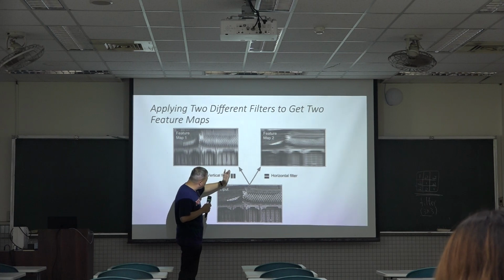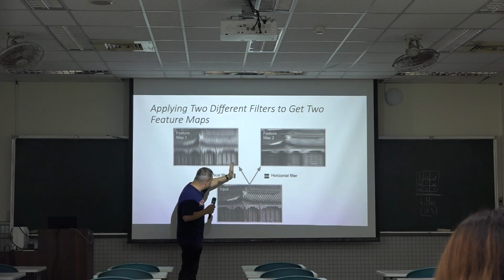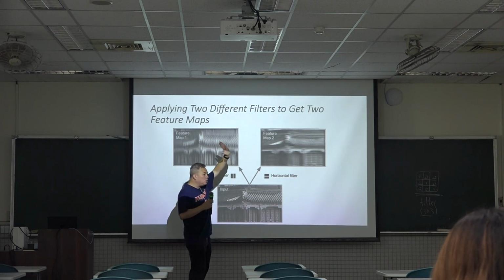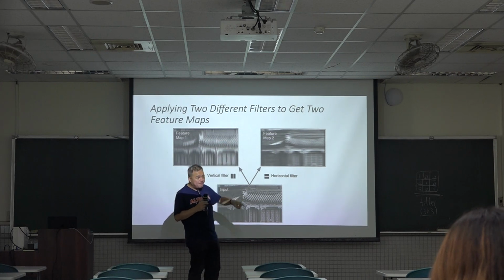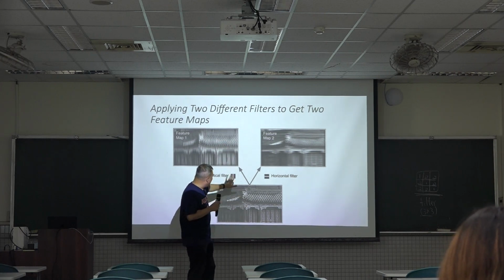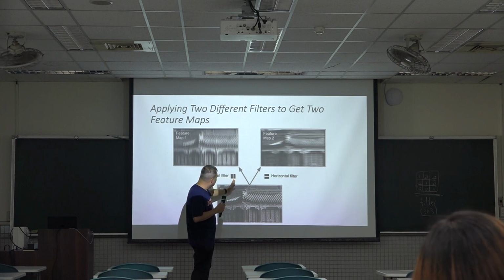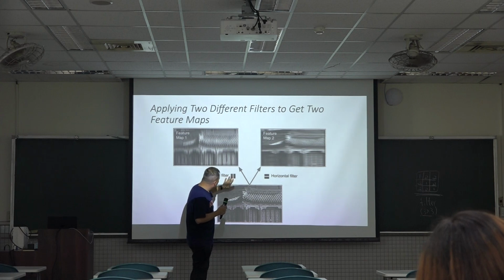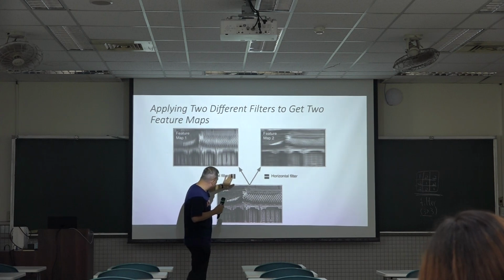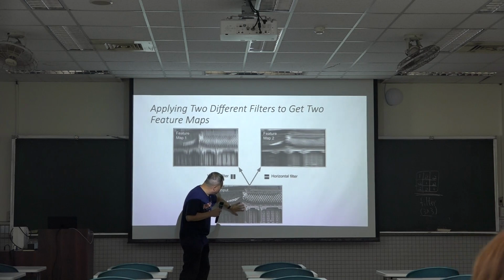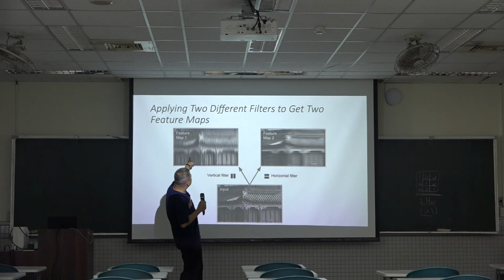Every point is 0, except the central vertical line is 1. So every other location will be 0. And when you apply this vertical filter to this picture, what happens? You are going to get something like this.